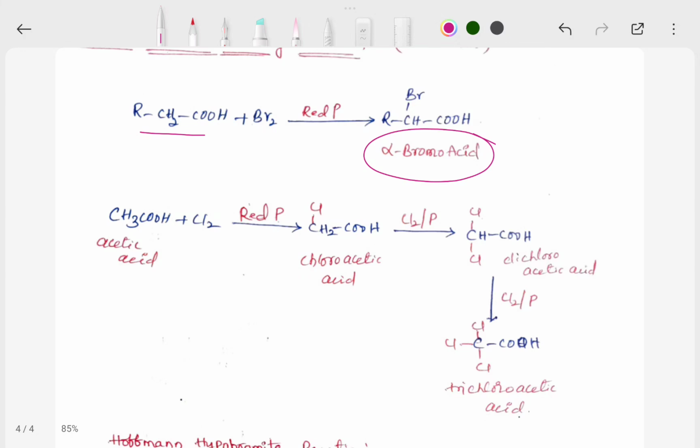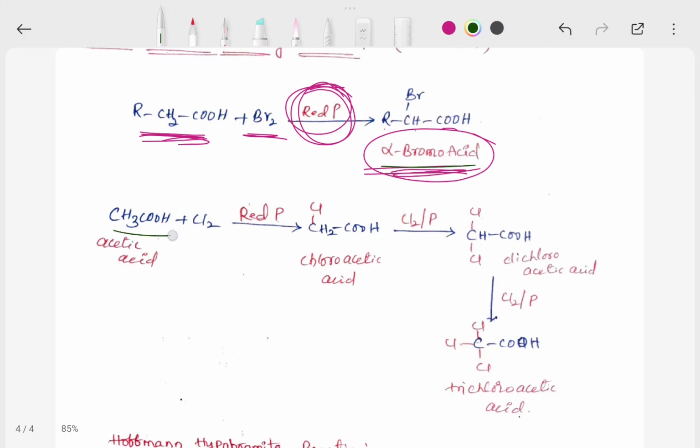Aliphatic carboxylic acids on reaction with halogens in the presence of red phosphorus give alpha bromo or alpha halo acids. This reaction is known as the HVZ reaction. RCH2COOH plus Br2 in the presence of red phosphorus gives RCHBrCOOH, the alpha bromo acid.